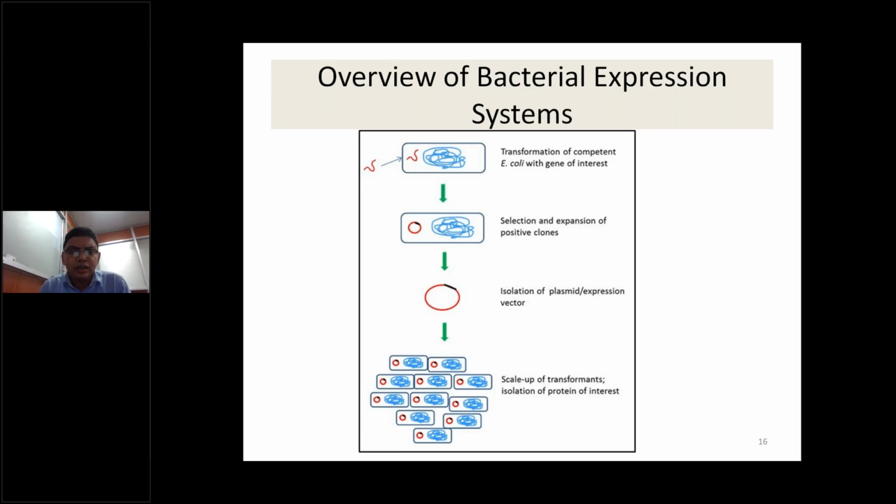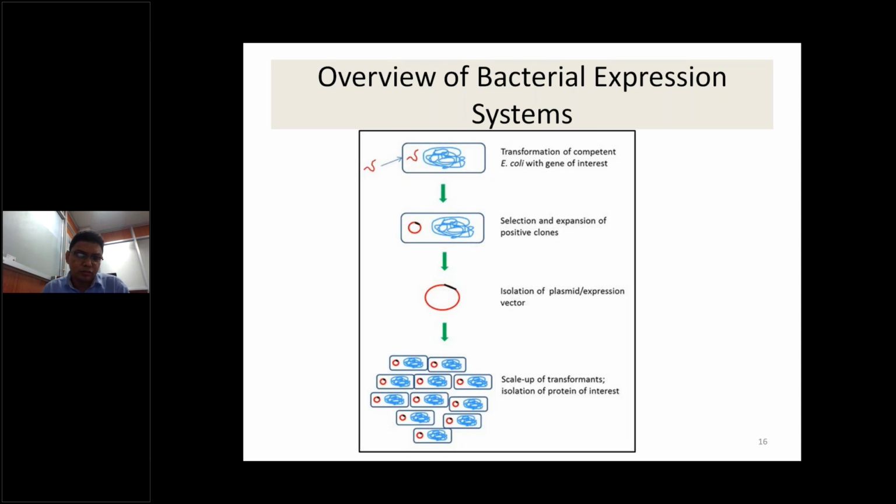So once this particular gene has been identified, you will be cloning it in a bacterial expression vector. Once it is cloned, sequenced, and verified that the gene of interest is in frame, it is very important for this gene product to be converted into protein, because if it is not in frame, the gene will never be converted into a protein product.